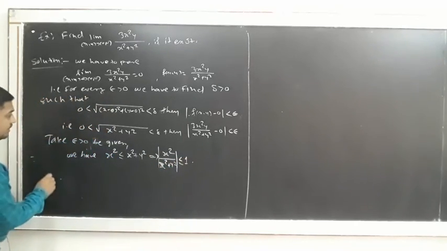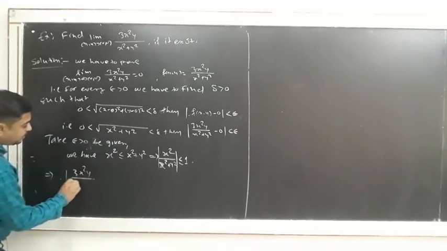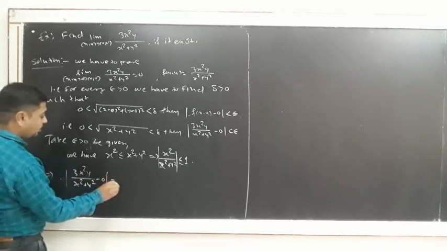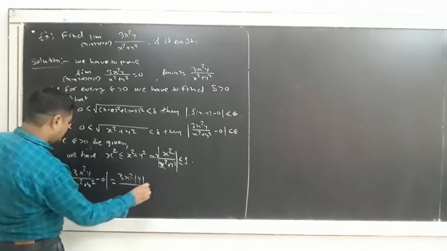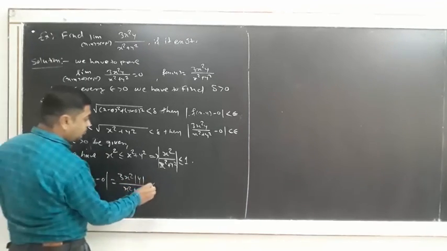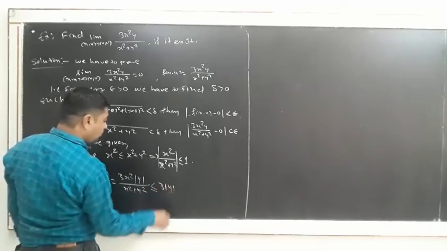And this implies that the mod of 3x square y upon x square plus y square minus 0, which we can write as 3 times x square upon x square plus y square times mod y, is less than or equal to 3 mod of y.